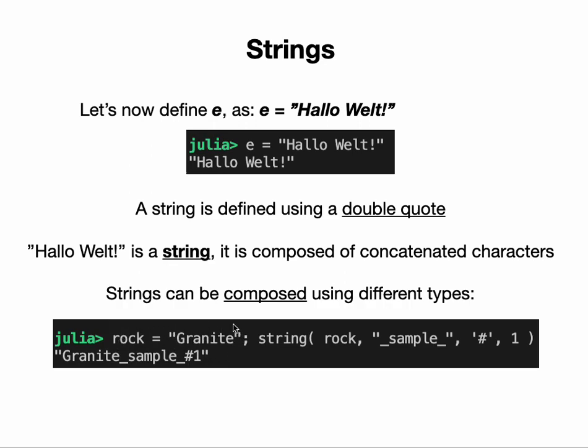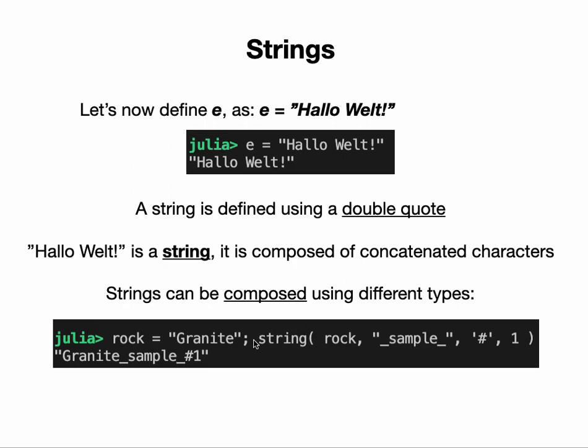That's the first thing: we've defined rock as the word "granite". Then we will compose a string using this basic rock string, and we will append or concatenate different pieces of information.